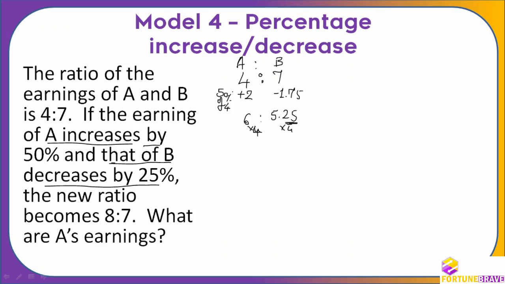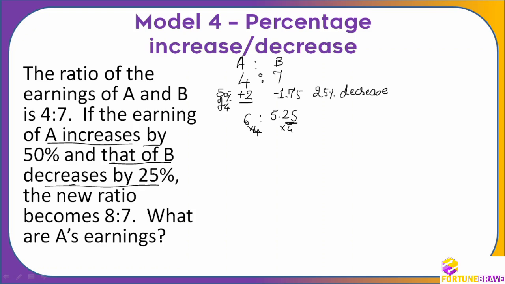This 50% increase is there, therefore I added 2, and this is a 25% decrease. So what I did, I found out 25% of 7 and then subtracted. When I subtracted 7 minus 1.75, I got 5.25.